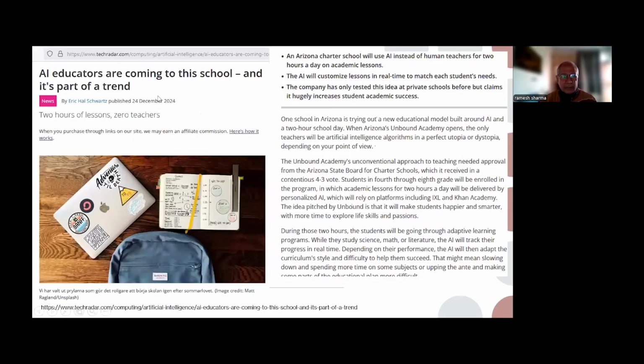And nowadays, many institutions are adopting AI teachers. Here, an Arizona charter school will use AI instead of human teachers for 2 hours a day on academic lessons. It will customize lessons in real time to match each student's needs. You can see the impact.